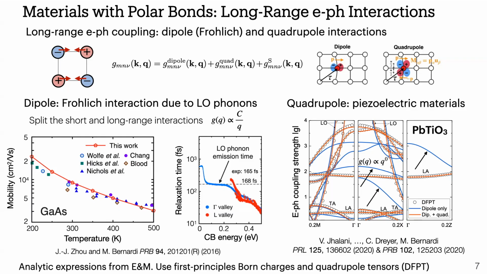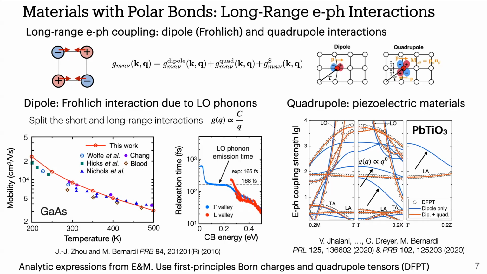Now, in practice, you can obtain an analytic expression where, however, the ingredients that enter, in particular the screening and the net charge of the atoms, are computed from first principles. And so this interaction can be computed from first principles. In this older paper shown here on the left, we have shown how to include it in the first principles framework. Then you can compute transport properties such as the mobility in a polar semiconductor like gallium arsenide.